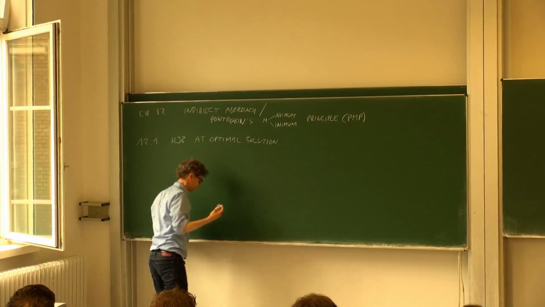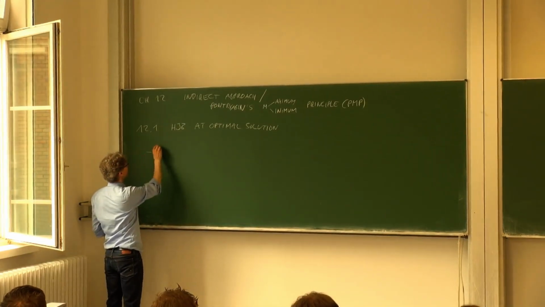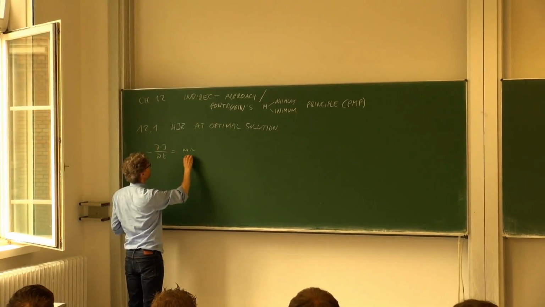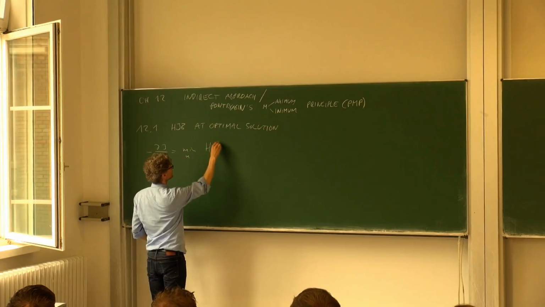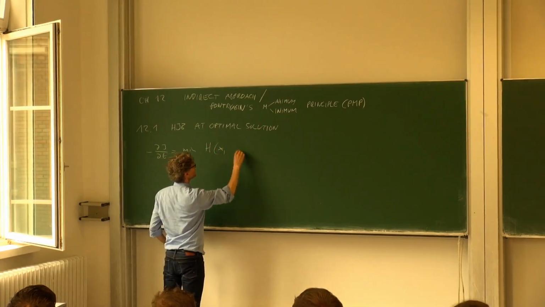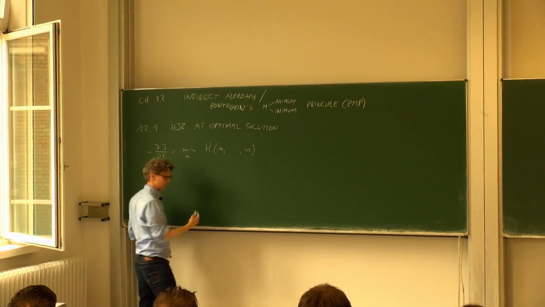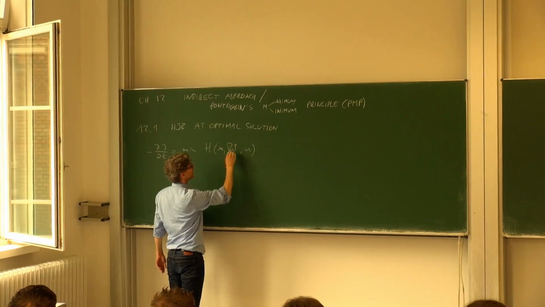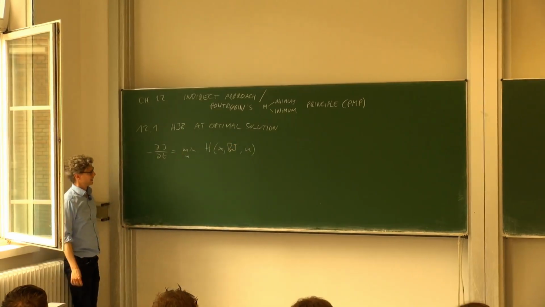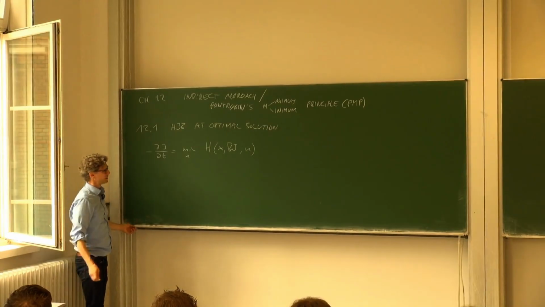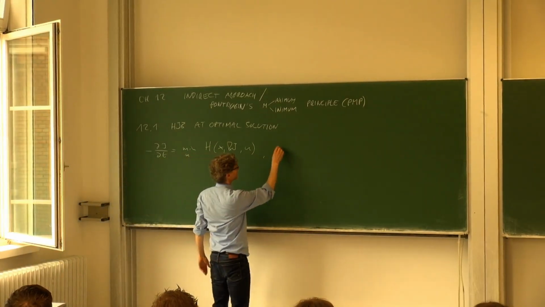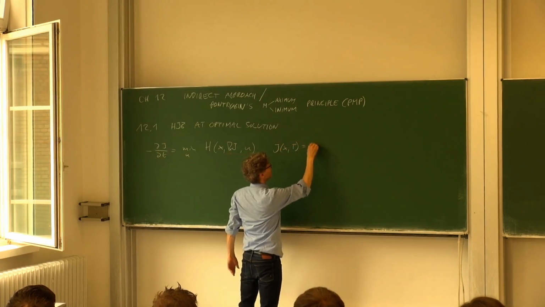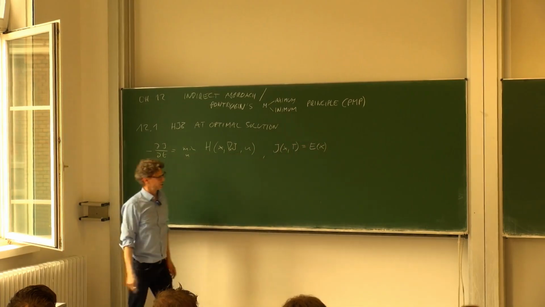You remember maybe that we derived this equation that says minus dJ by dt is equal to the minimum over all u of a function that we call the Hamiltonian function, evaluated at x and u, minimized over u, and then there was this crucial ingredient, namely the gradient of J with respect to x. So this was an evolution equation for the value function, and it had a terminal condition, namely that J at the last time of our horizon would be equal to the terminal cost.